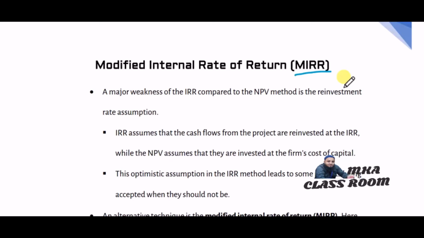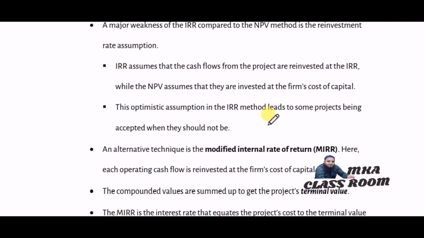This optimistic assumption in the IRR method leads to some projects being accepted when they should not be. An alternative technique is the modified internal rate of return.